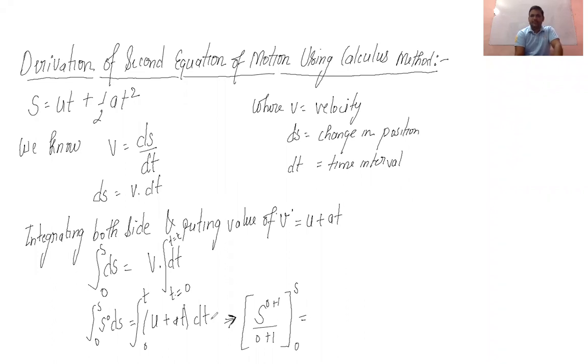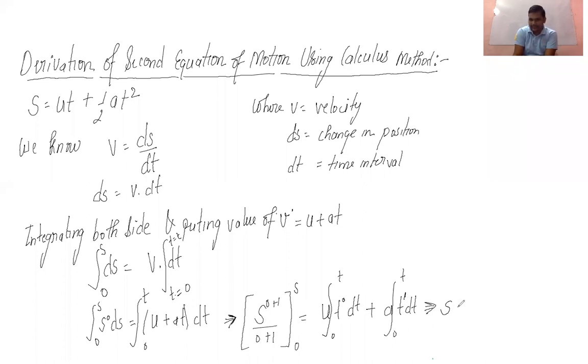Then it will be u t to the power 0 dt, integrated from 0 to t, and at dt, where t to the power 1 is there, integrated from 0 to t. If you put the limit here, it will become s only.